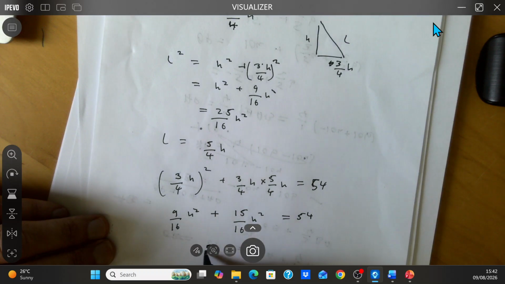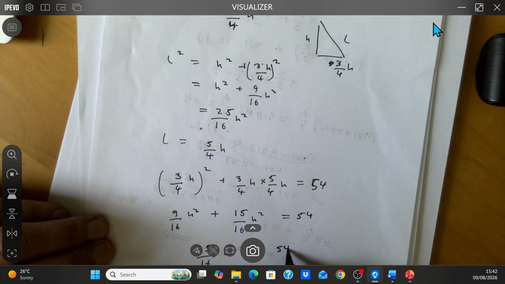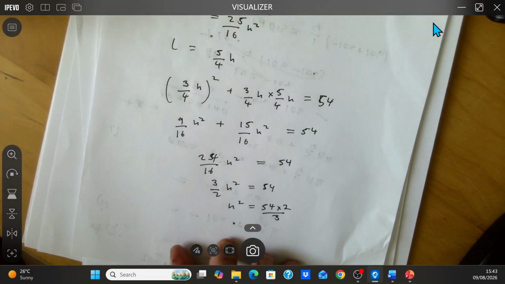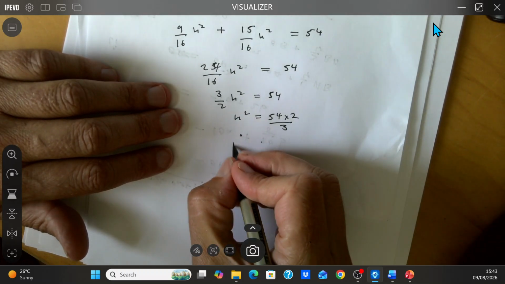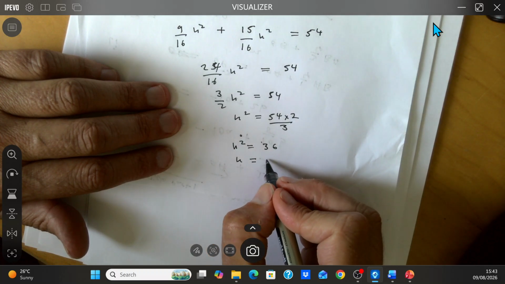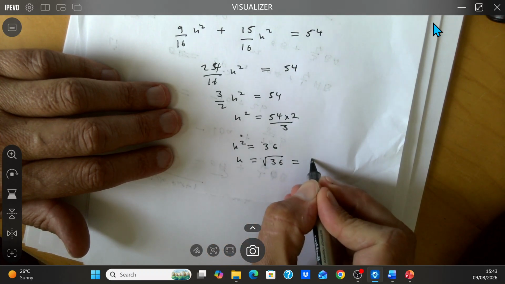So 24/16 h squared equals 54, which is the same as 3/2 h squared equals 54. So h squared equals 54 times by 2 divided by 3. So h squared equals 36. So h equals the square root of 36, which is 6 centimetres.